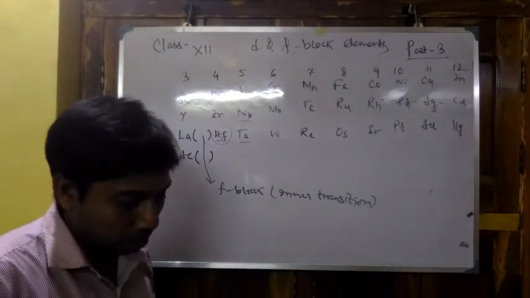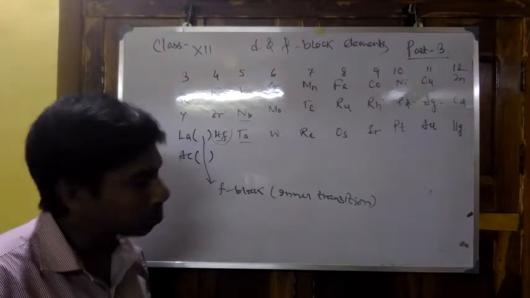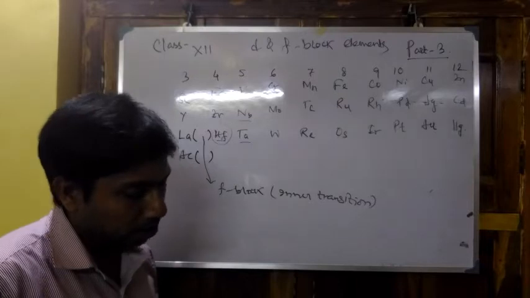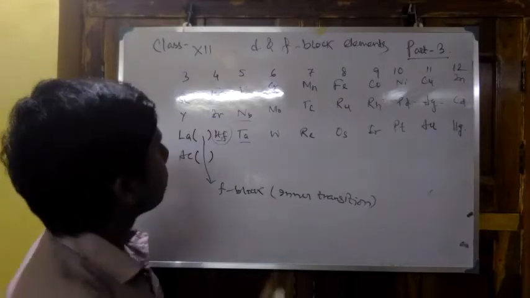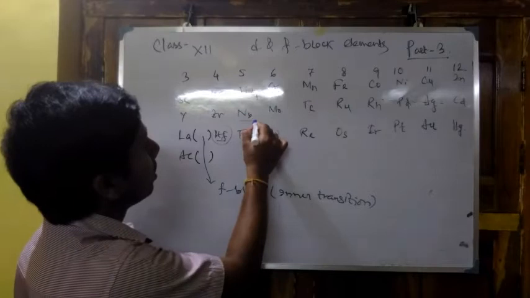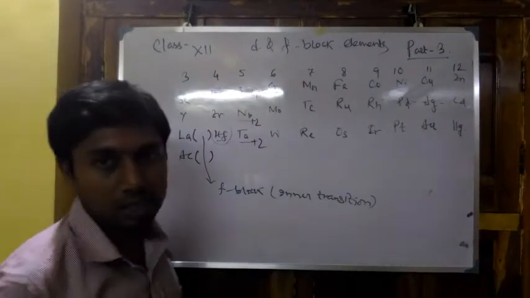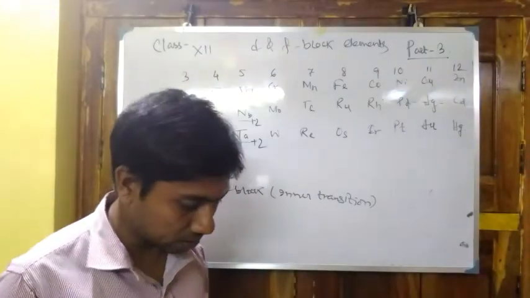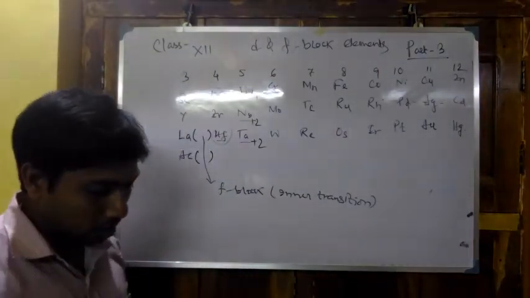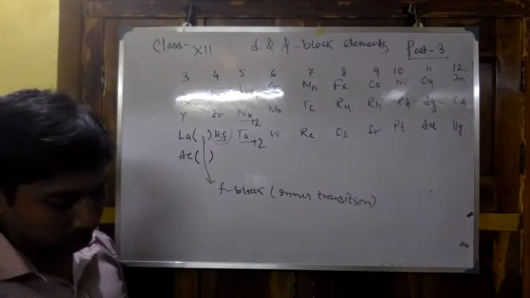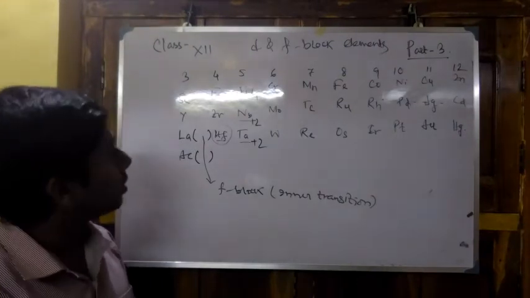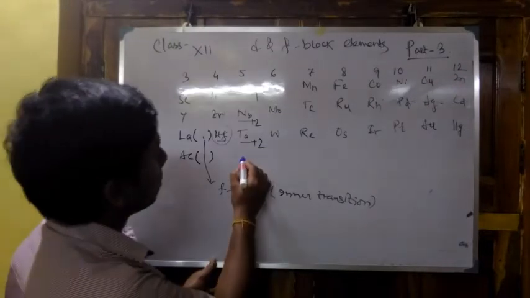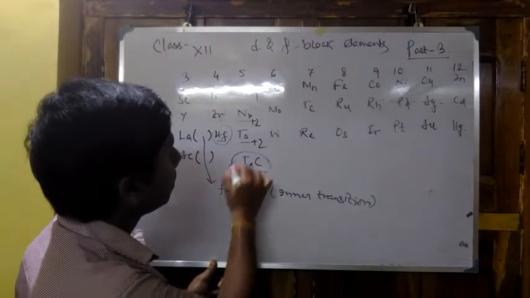Vanadium shows the +5 oxidation state, but the rest of the elements prefer the +2 oxidation state. Next, their uses: generally they are used in making alloys. Tantalum carbide, TaC, is a very hard compound.